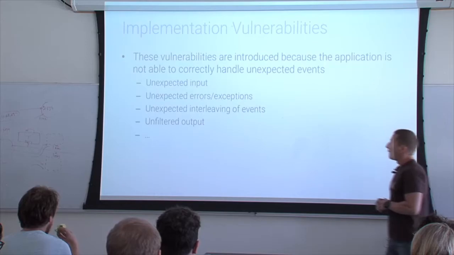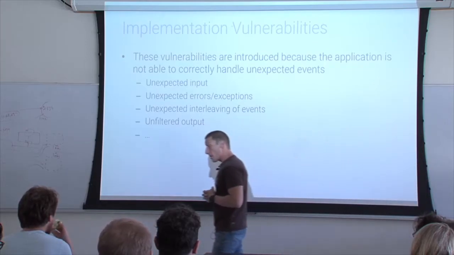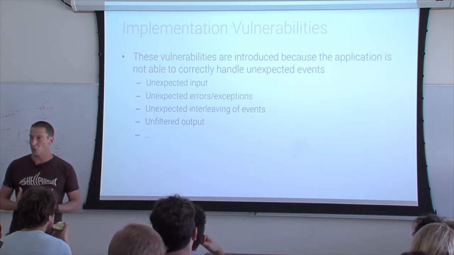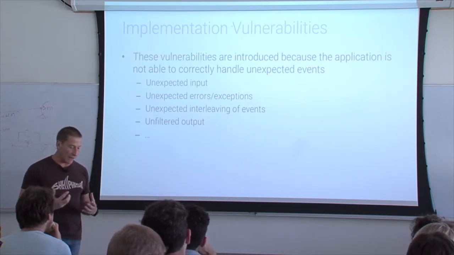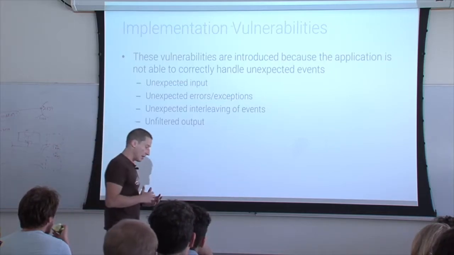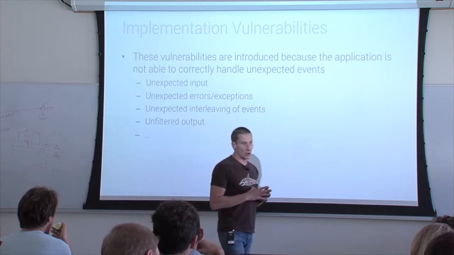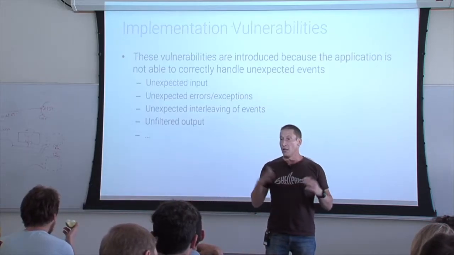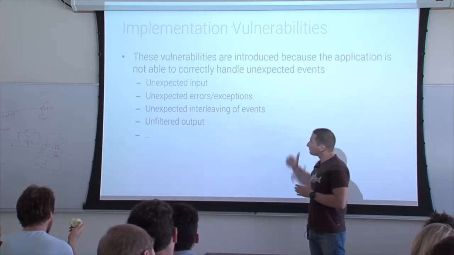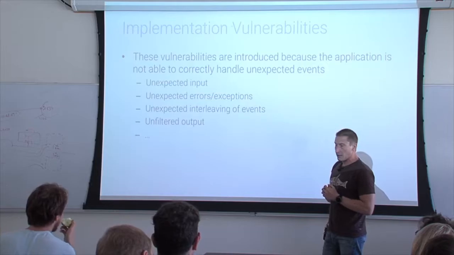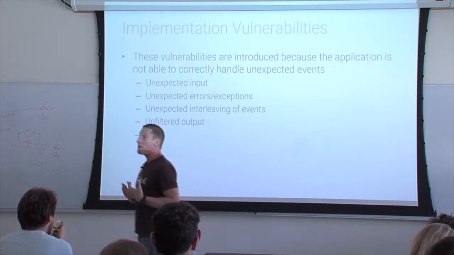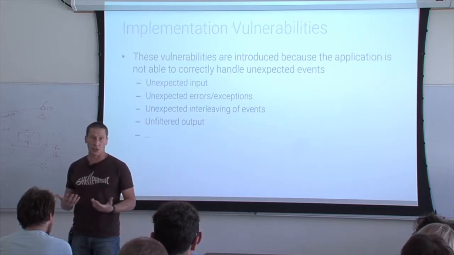And of course, there are implementation vulnerabilities, and this is the bulk of the stuff that we will see, because they're easy to describe, easy to define, and in a way, they're also easy to automate, at least in the vast majority of them. You can always find algorithms that will attempt to find instances of these vulnerabilities, and these usually are caused by unexpected, unhandled, or mishandled conditions in the application.